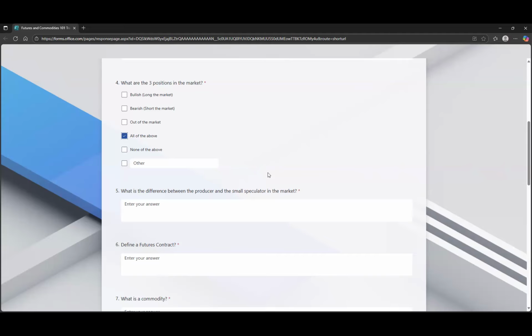The small speculator is also a person like you, Mr. Scott, and me, and everybody else on this call are small speculators. The producer is the one who breeds the cattle and sets them up for shipment and all of that. Like you were saying a couple of weeks ago, and I said I didn't know you was a producer. So that would be you. Small speculator would be a person like you and me and everybody else who's trading in the market.